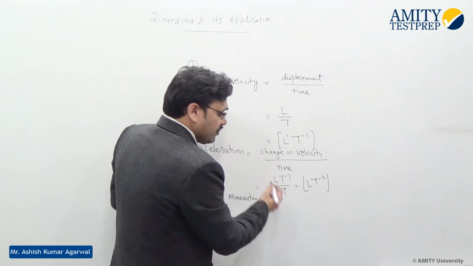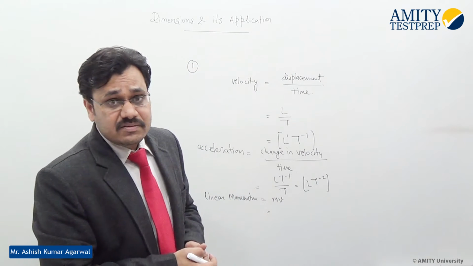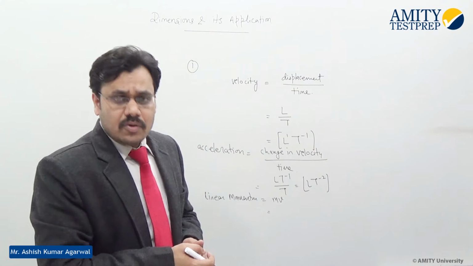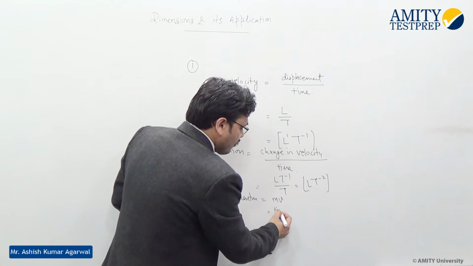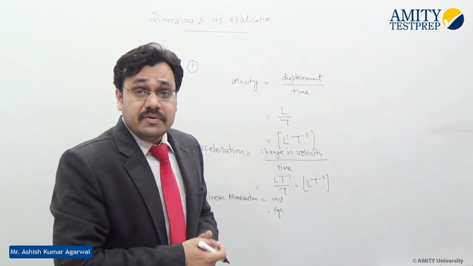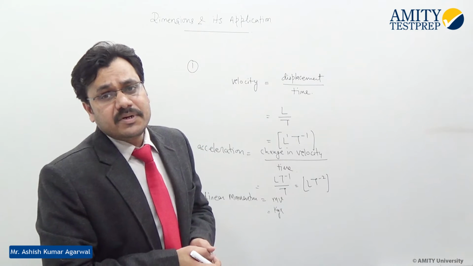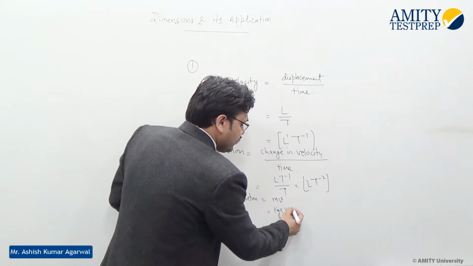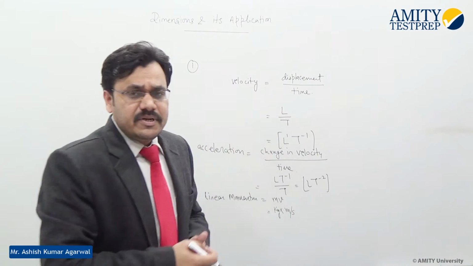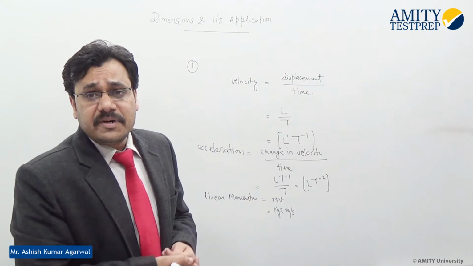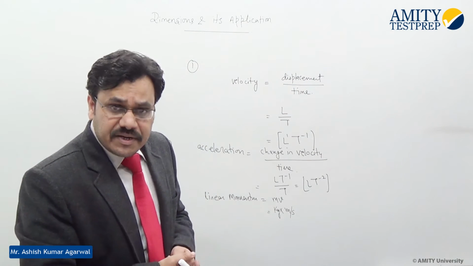What is the unit of mass? Kilogram. The unit of velocity is meter per second. So the unit of linear momentum should be kilogram meter per second.